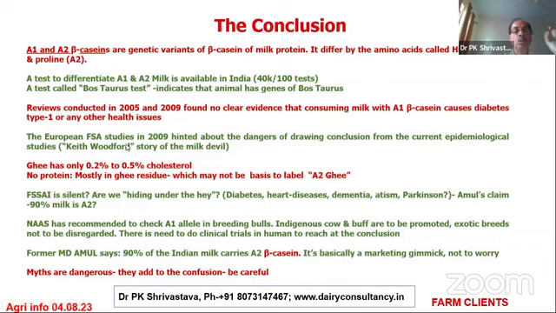The European Food Standard Authority also said in 2009 that no such evidence has been found. And whatever the Keith Woodford story made is not based on scientific research. That's what he says. It is an epidemiological study. Let us do the scientific study on the protein.